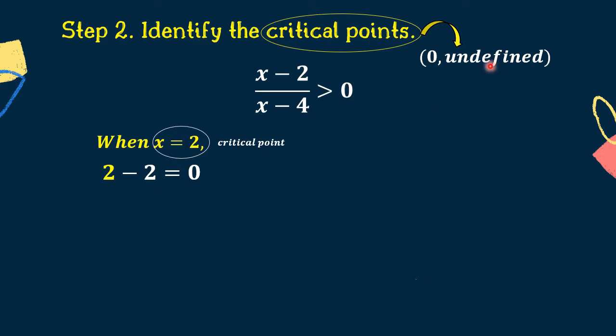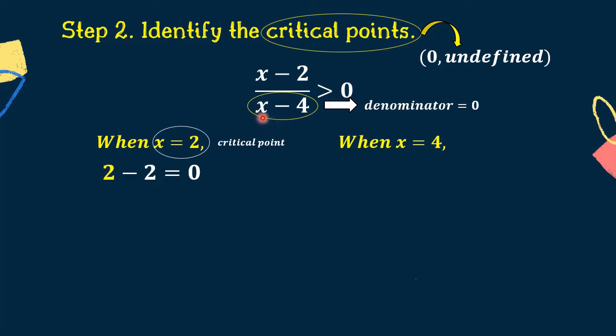Next, paano ba makukuha ang result na undefined? Magiging undefined lang ang ating rational expression kapag ang value ng denominator natin is 0. Paano ba magiging 0? Ano ba ang value ng x na makakapag-equate to 0 ng denominator natin? Example, when x is 4.